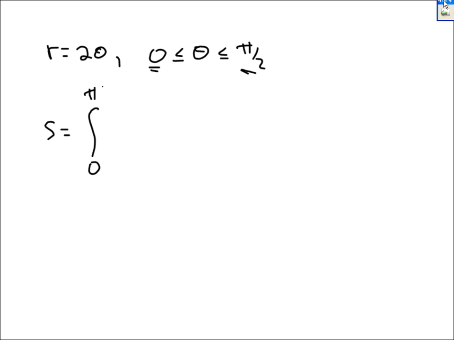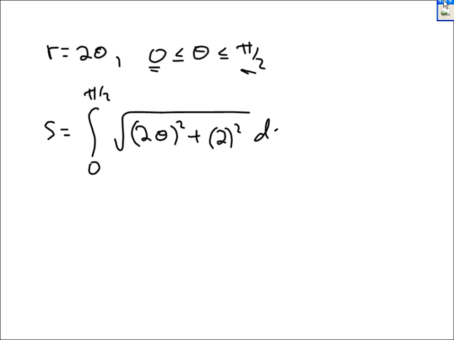Suppose you know that r is equal to 2 theta, and this time you want to go from 0 to pi over 2. You want to find the arc length. Well, the arc length is the integral from alpha to beta, from 0 to pi over 2, of the square root of r squared, 2 theta squared, plus the derivative, which is 2, squared, d theta.